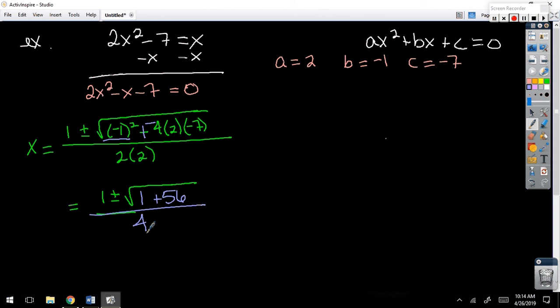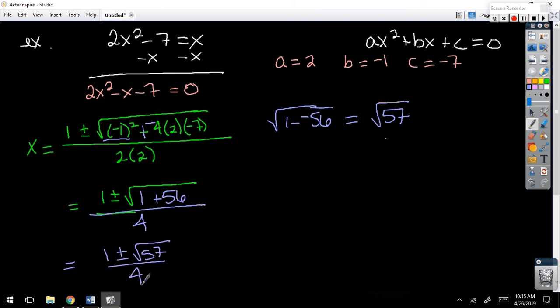If you did it the other way, you would have the square root of 1 minus negative 56, and that would still give you the square root of 57. Just make sure if you put a plus between that, you change that 4 to negative also.